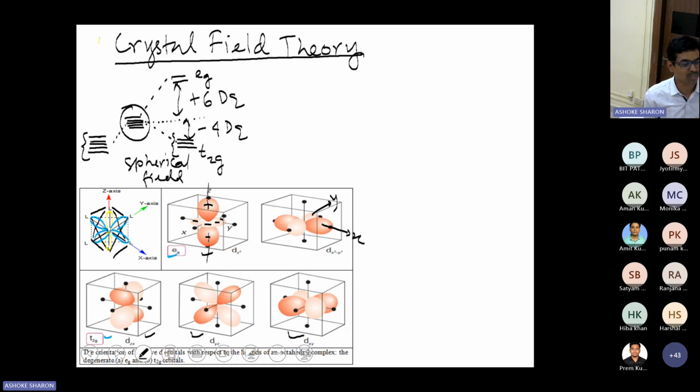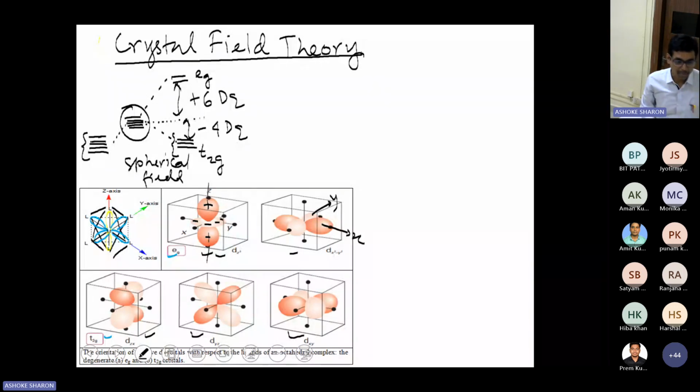When we consider the orientation of the orbitals, then the eg set, two orbitals, dz2 and dx2-y2, are directly in touch with the ligand. So the interelectronic repulsion between the metal orbital and the ligand orbital can increase the energy of these orbitals. So they are increased.